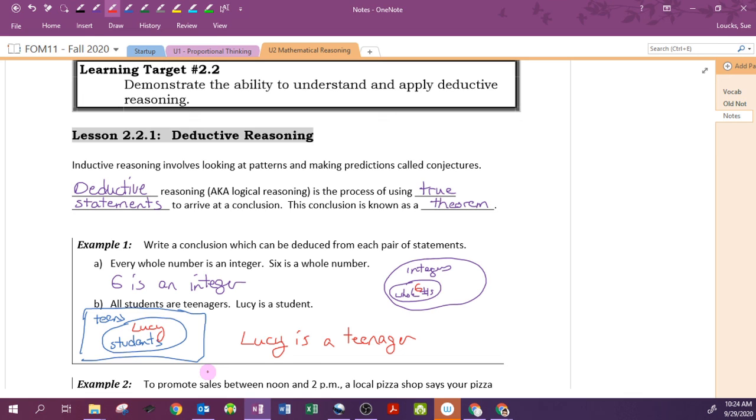But when we are quizzing this or working on this, if I tell you that this is true and that this is true, and then I want you to draw a conclusion, then you just take it as given that these things are true, okay? Except in the section where we're talking about logic flaws, and then I'll ask you to point out that not all students are teenagers. So this is a fallacious argument because your initial assumption is not true.